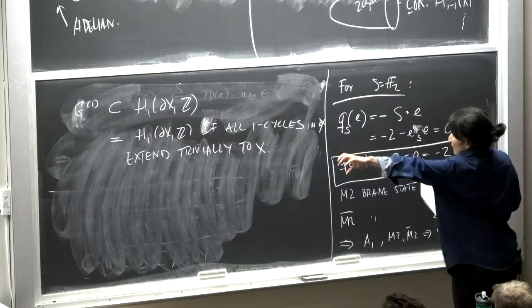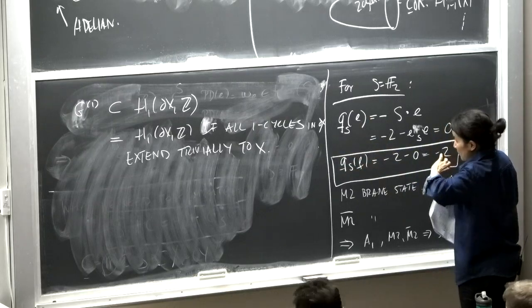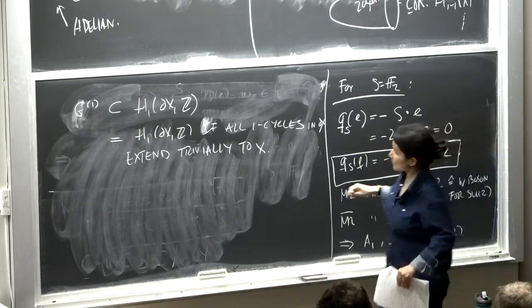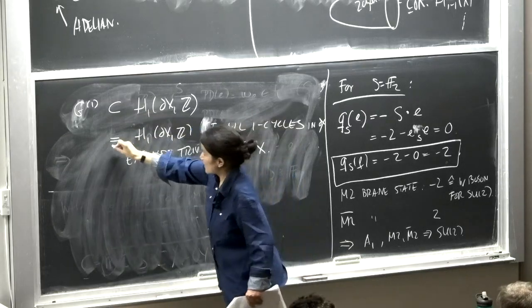If there's nothing that the one-cycle extends into, so there are no one-cycles in our Calabi-Yau. And for most purposes, Calabi-Yaus don't have one-cycles, unless you do something drastic to them. So in fact, this is true. This is equal to that.